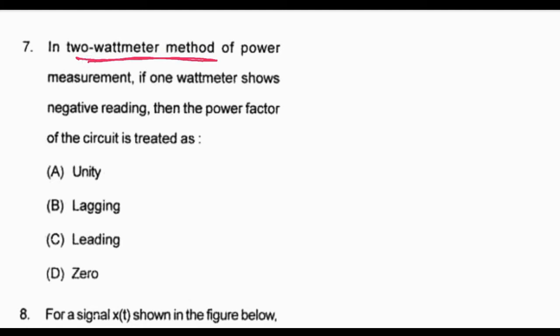So in case of 2 wattmeter method, what is the reading of, suppose, wattmeter 1 and wattmeter 2 I am considering. What is the reading P1? Suppose P1 will be root 3 VI, and here V and I are the phase voltages. I am not considering the line voltages because I am not considering any star or delta connection.